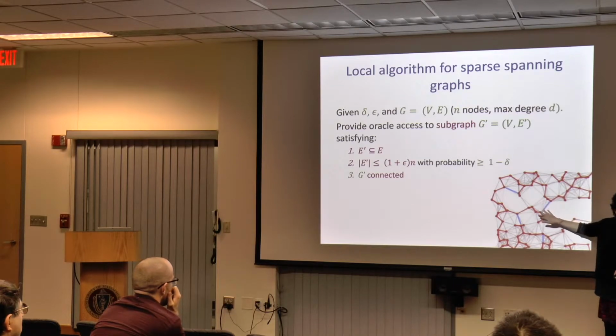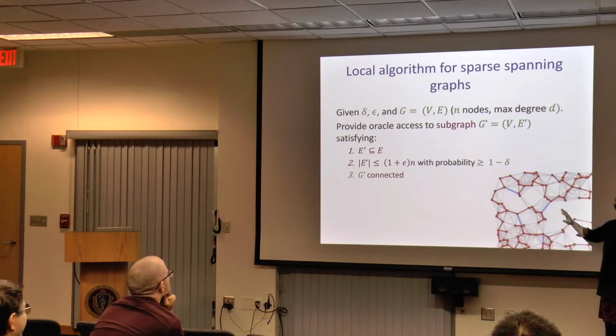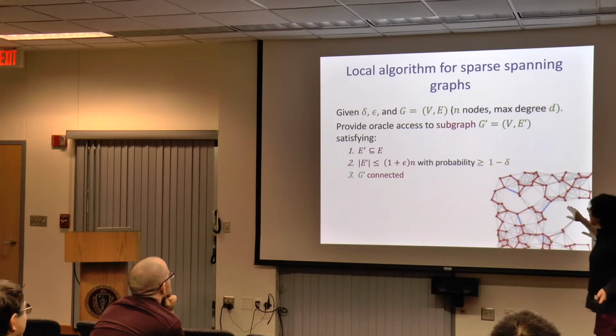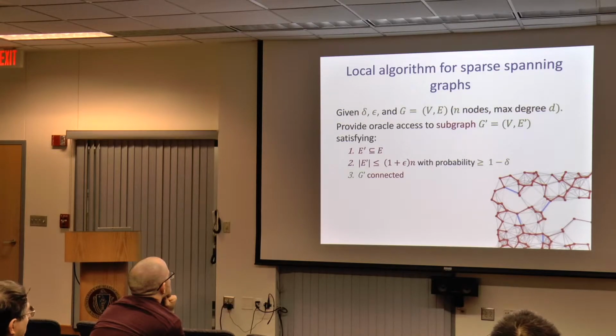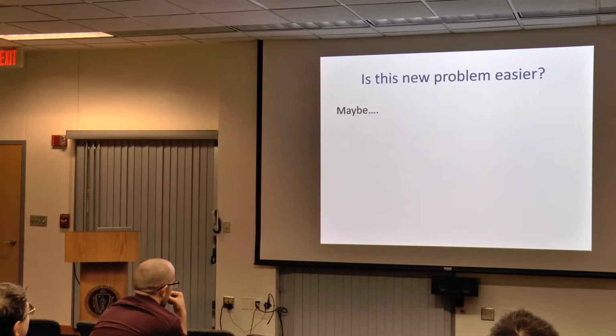And this thing better be connected. That's the goal. And I can fail with a certain small probability, delta. I can mess up either the connectivity or too many edges, but let's try not to do that. Delta's small. So is this new problem easy?